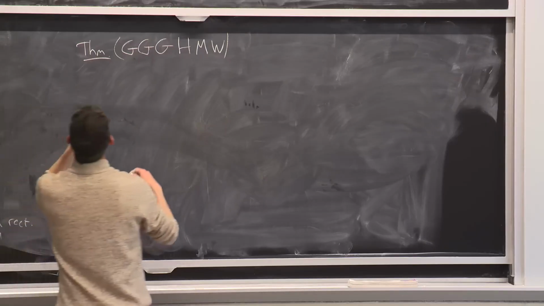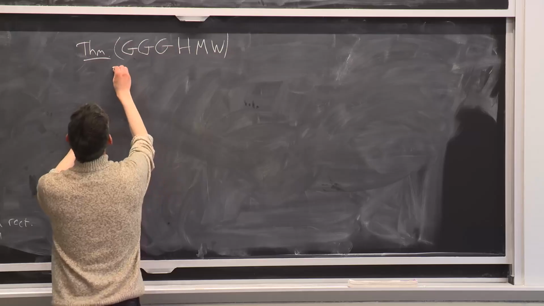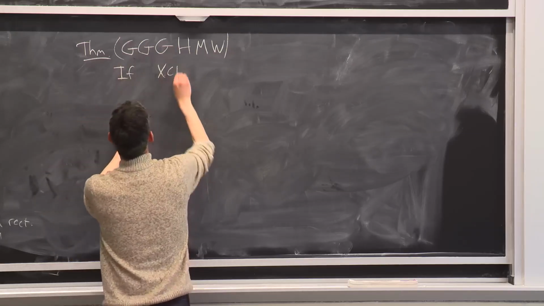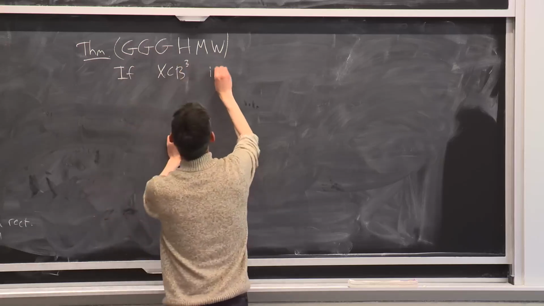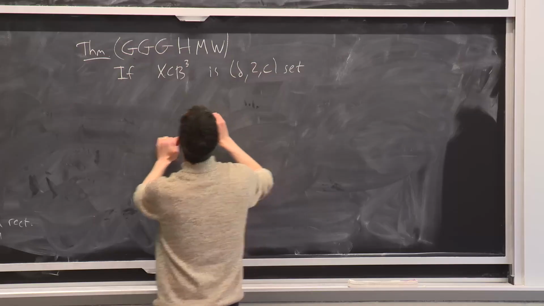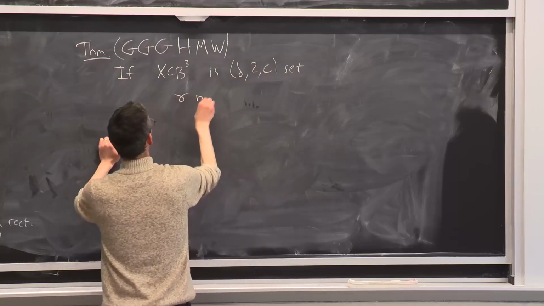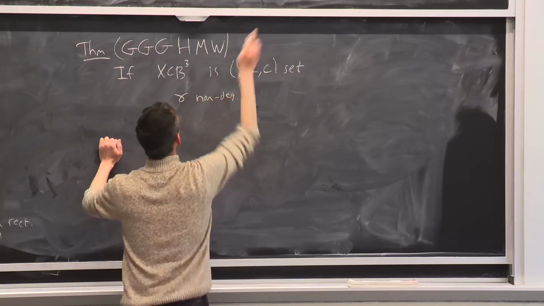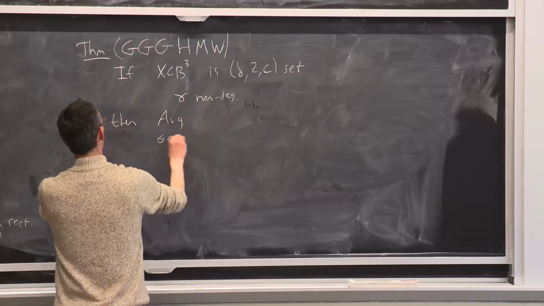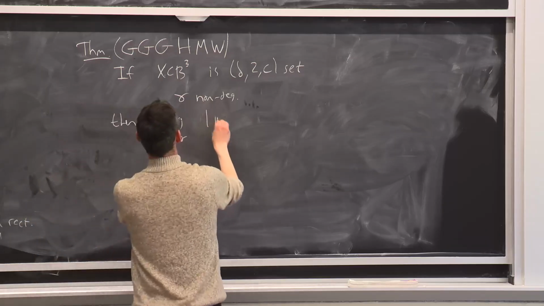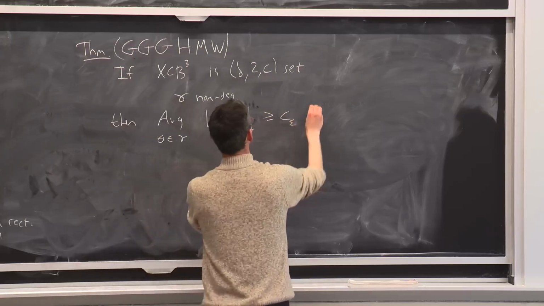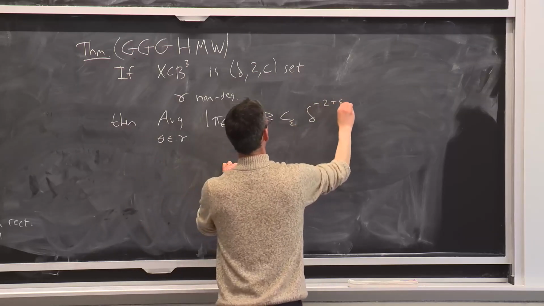We proved, I'll just do a special case: if X in B^3 is a delta 2C set, and gamma is non-degenerate, like this example above, then the average over theta in gamma of the delta covering number of pi_theta of X is bigger than C_epsilon delta to the negative 2 plus epsilon.